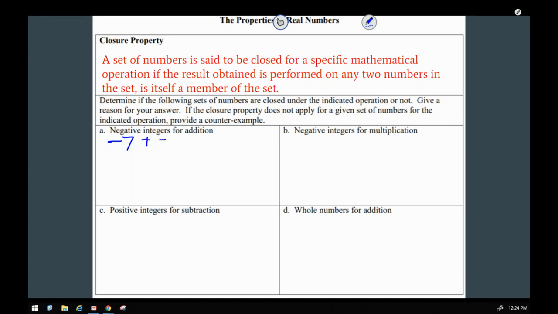So -7 plus -3 is what? Yes, -10. So when I added two negative numbers together, did I get another negative number? Yes. Will that always happen? It will, unless you can think of a counterexample that I can't. So the answer is yes. It's closed.